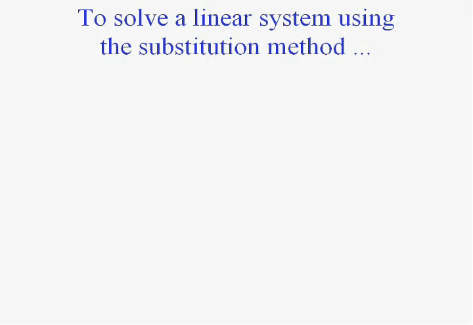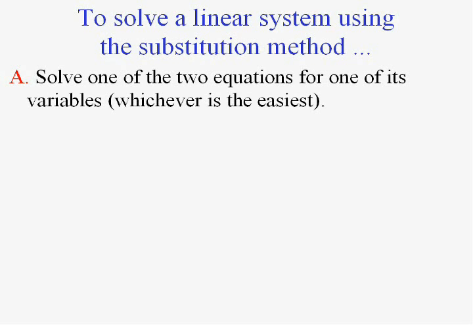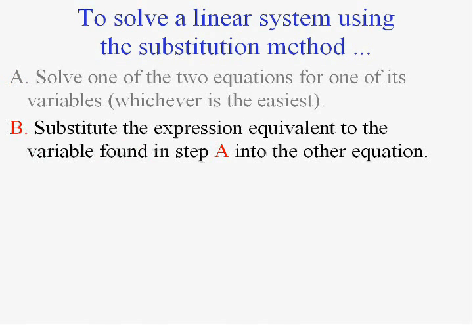So, the steps to solving a linear system using the substitution method are: first, solve one of the two equations for any one of its variables, whichever is the easiest, whichever is the closest to being alone. Then take the expression that it's equal to and substitute it into the other equation.